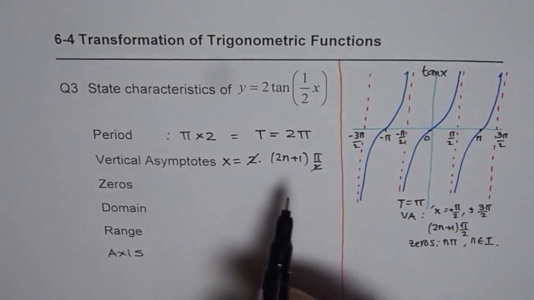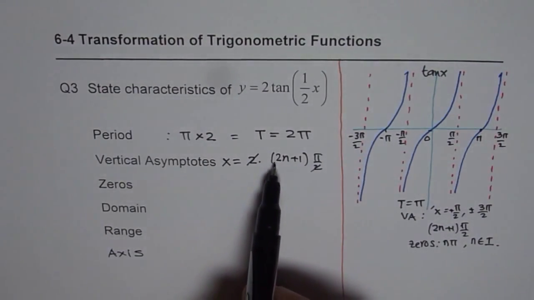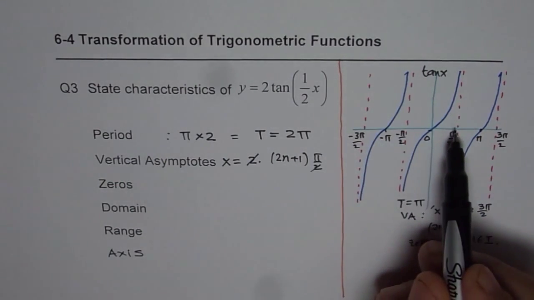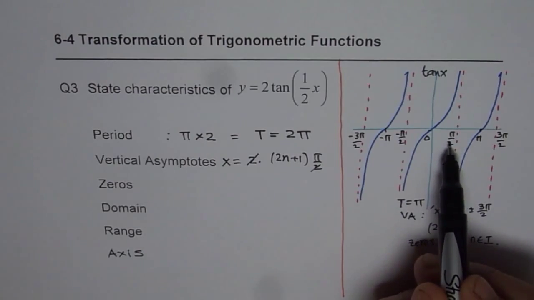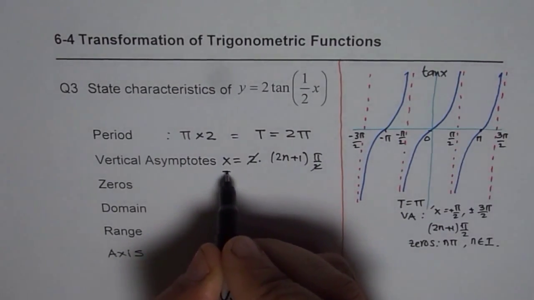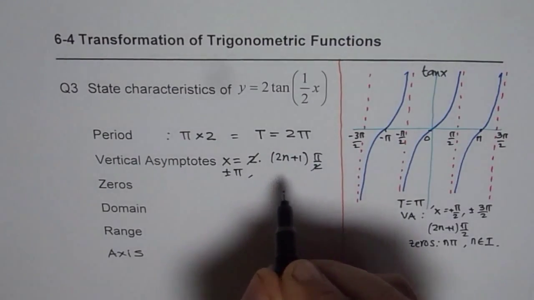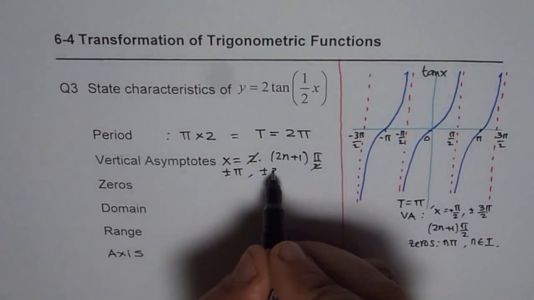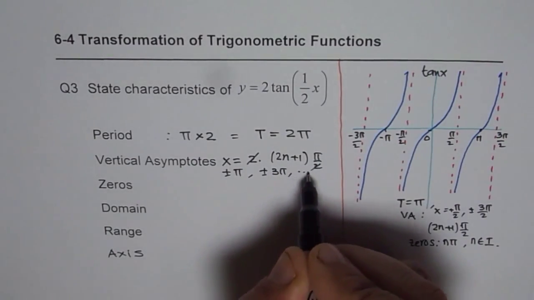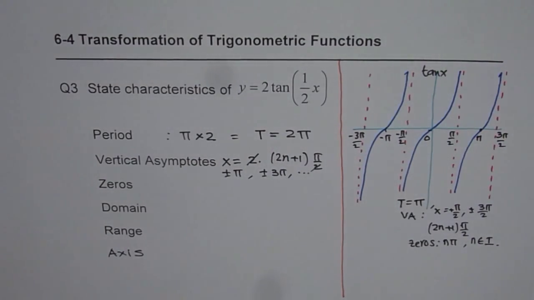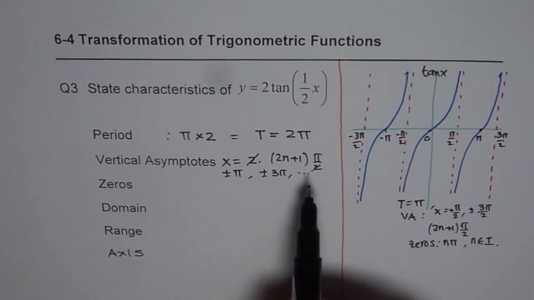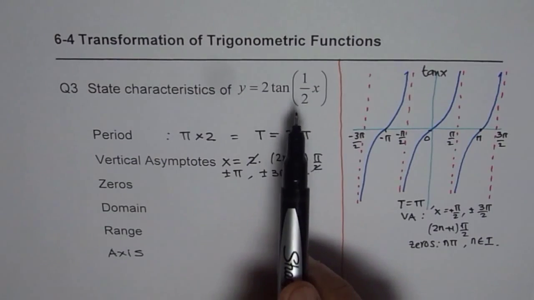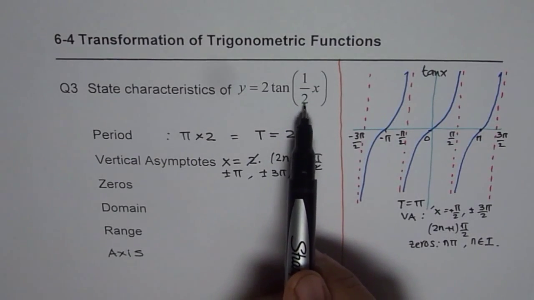So 2 and 2 cancel, so it is pi times 2n plus 1. That is to say that now these vertical asymptotes will not be at pi by 2 plus minus, but they'll be at plus minus pi, and so on, plus minus 3 pi. So that is how the vertical asymptote's position is going to change, since the function is horizontally stretched by a factor of 2.